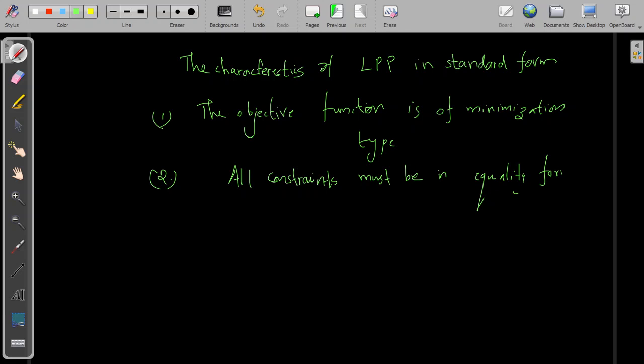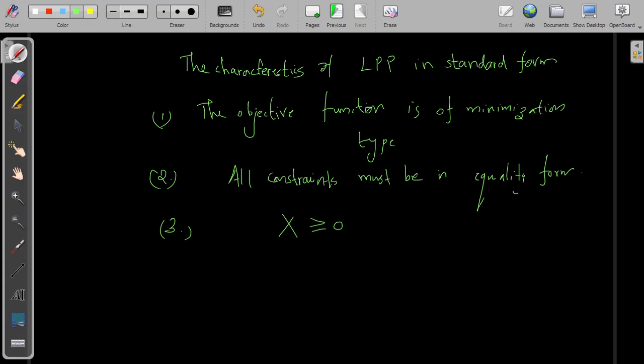And all the decision variables are non-negative. That means all decision variables x1, x2, etc., xn must be greater than or equal to 0. These are the 3 points you should remember before solving the problem.